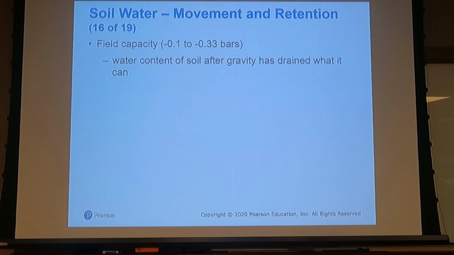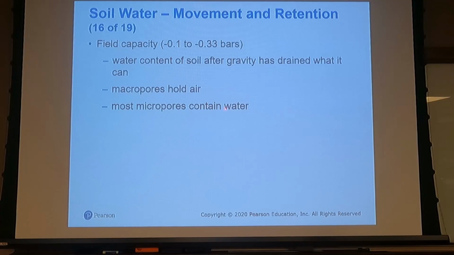So field capacity is going to be somewhere between negative 0.1 and negative 0.3 bars, and that would also be negative 0.01 to negative 0.03 megapascals. So after everything's drained away, whatever is left in that soil above what gravity has pulled is going to be field capacity.